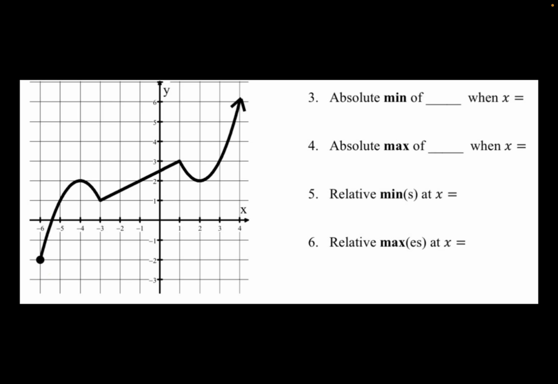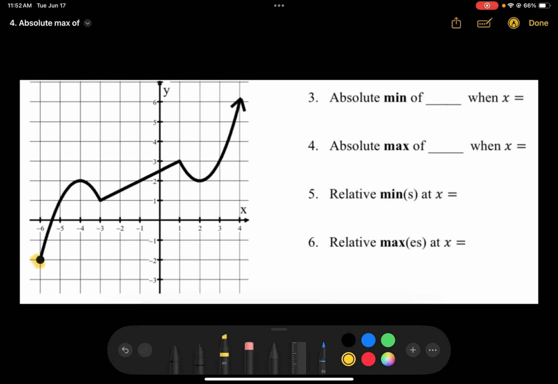Absolute extrema is also known as global extrema, but most likely they speak of it as absolute extrema. The absolute extrema is the lowest or the highest point of the graph. So in this case, the absolute minimum is right here, because it's the lowest point of the graph.